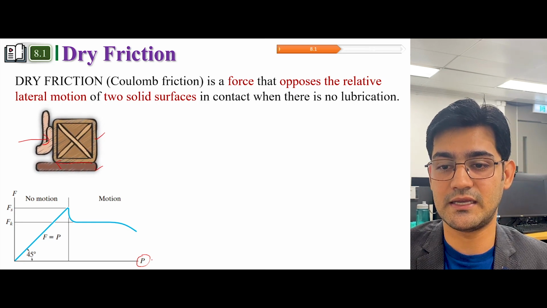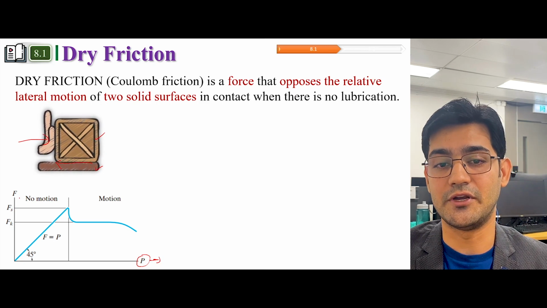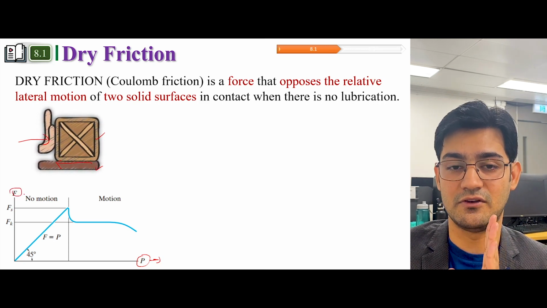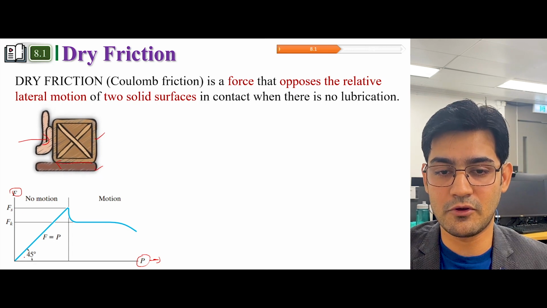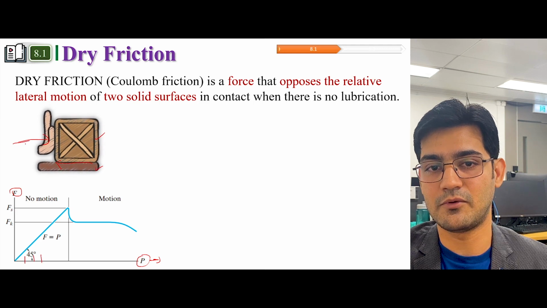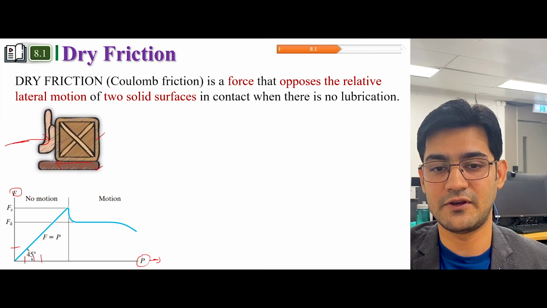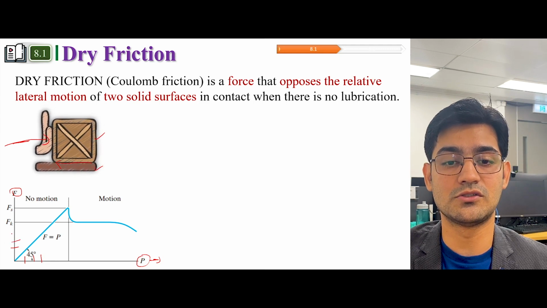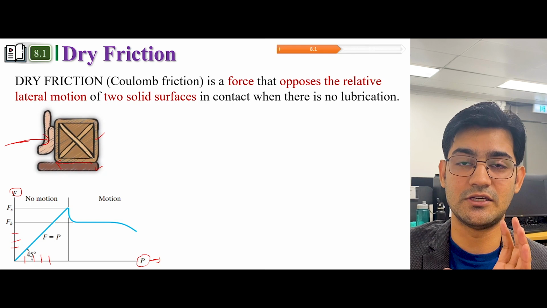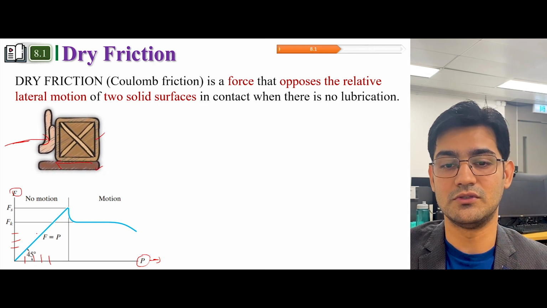So this is an applied load which we are applying on a rigid body, and this vertical axis represents the frictional force. Now if we keep on increasing the intensity of the load, the frictional force will also increase, considering that this rigid body is in equilibrium and action should be equal to the reaction.